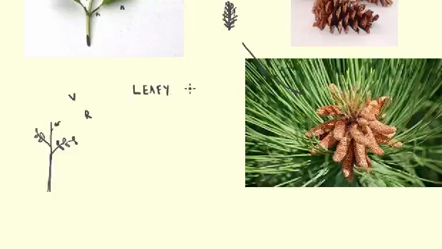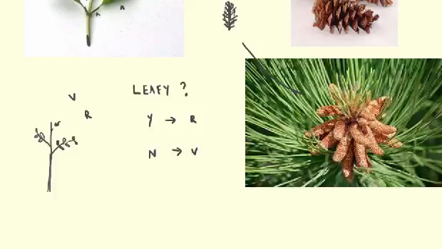And so basically the question goes, is leafy present? Yes. Okay. Then we develop as a reproductive structure. If leafy is absent, then we develop as a vegetative structure.